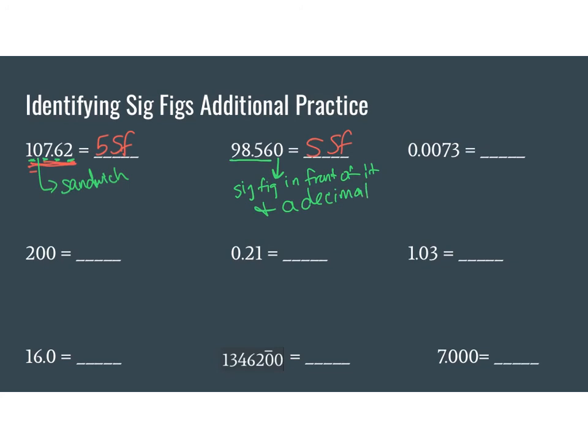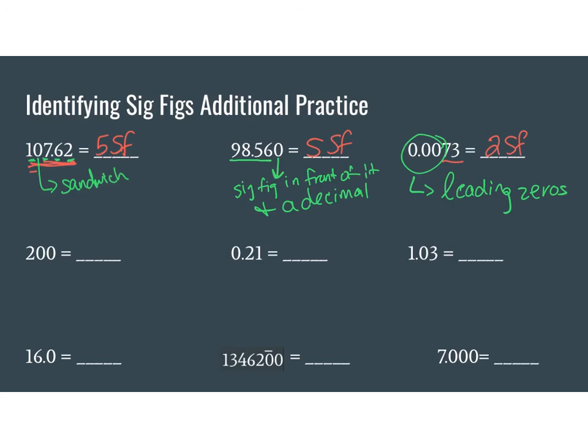Our next one only has 2 sig figs. And the reason why that is because these guys are leading zeros. So if you want to pause and try these other 6 at the end, go ahead and do that. Otherwise, I'm going to continue.